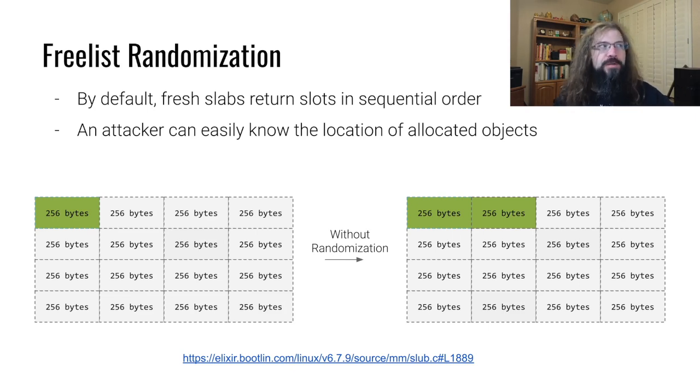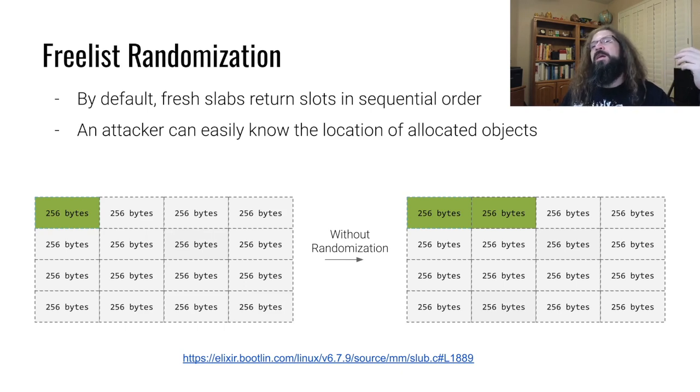By default, when a fresh slab is created, the Freelist will default to being in order. And what I mean when I say in order is, for a fresh slab, the first slot that will be used to satisfy an allocation will be the first slot on the slab.